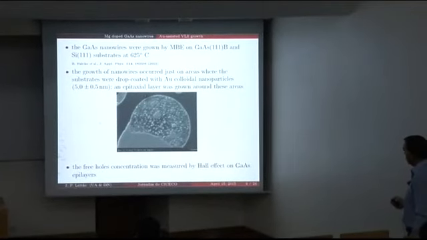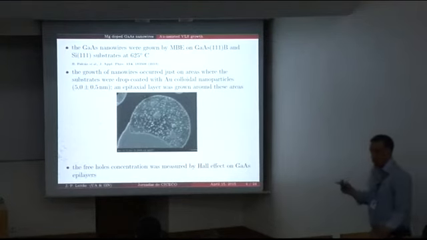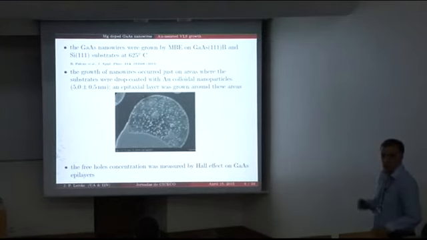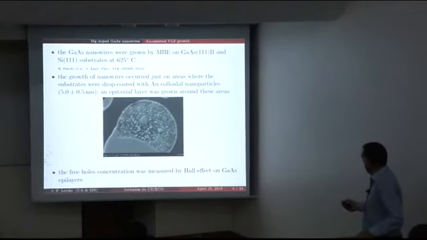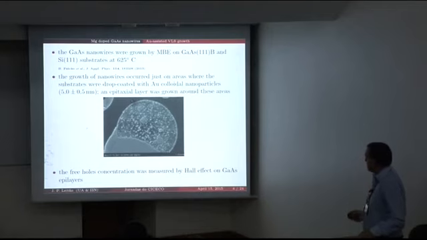We considered 2 different substrates, gallium arsenide 111B. Here the termination corresponds to arsenic atoms, and silicon 111. The growth of the nanowires was performed using gold colloidal nanoparticles. Some of the regions of the samples were covered with these gold nanoparticles.